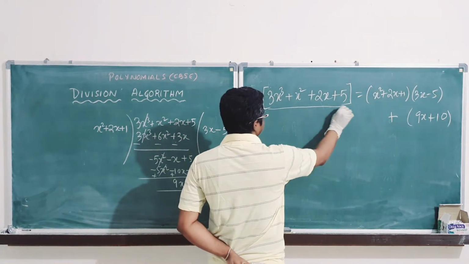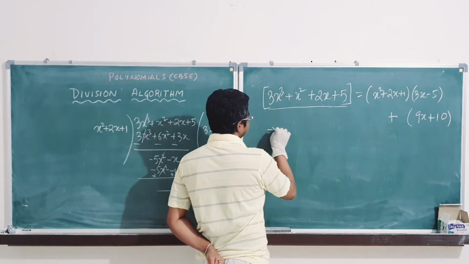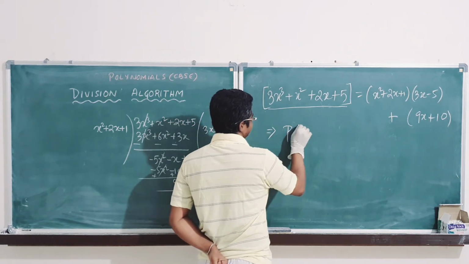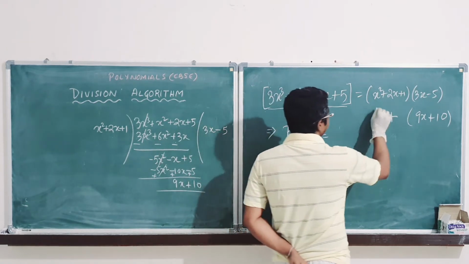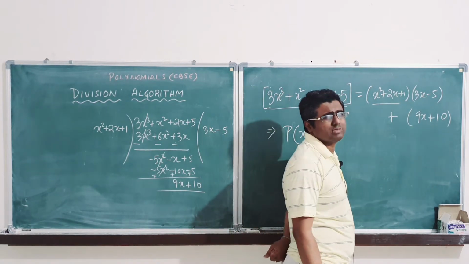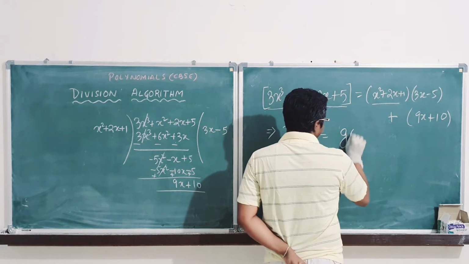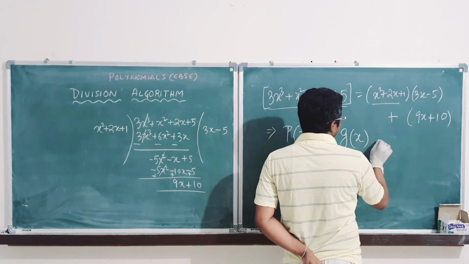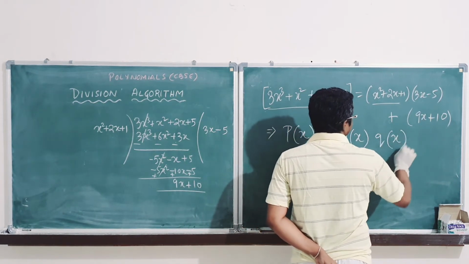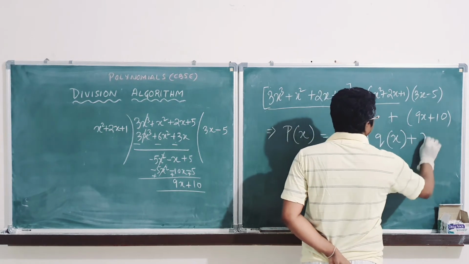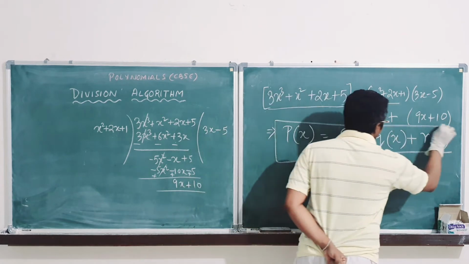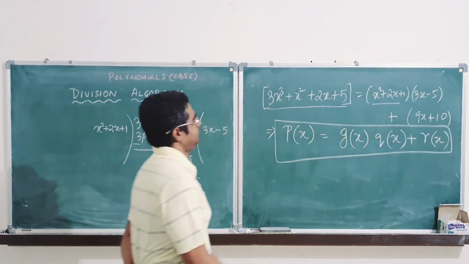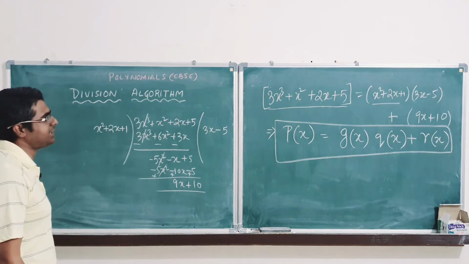This is the dividend, so let us take this as p(x), a function of x. Let's take this one as g(x), this one as the quotient, so q(x), and this one the remainder, so r(x). So this is the algo. Okay? This is the division algorithm.